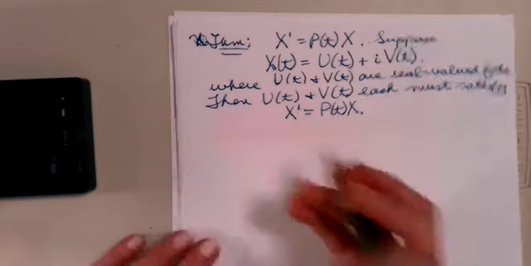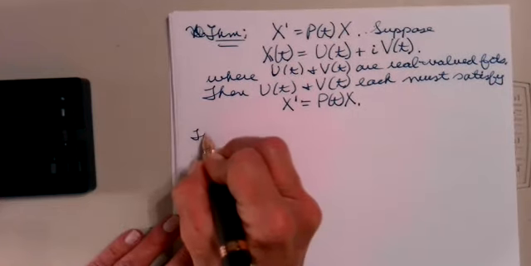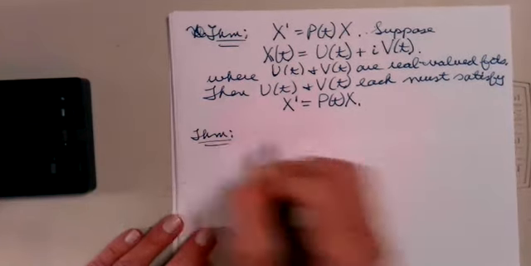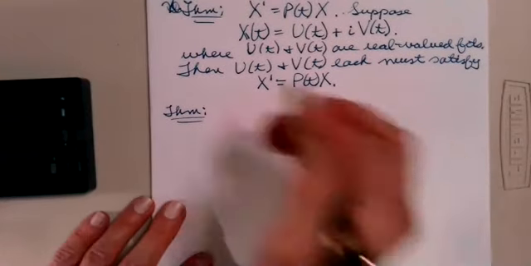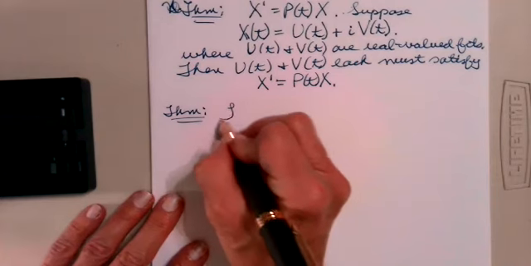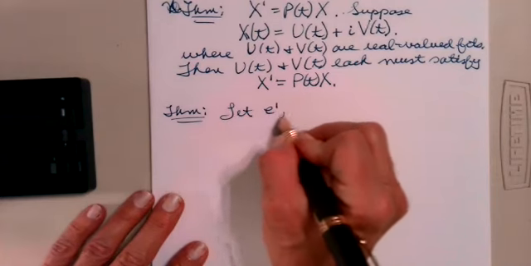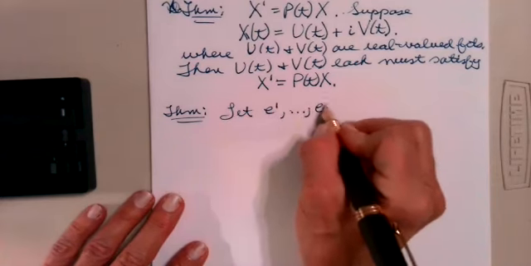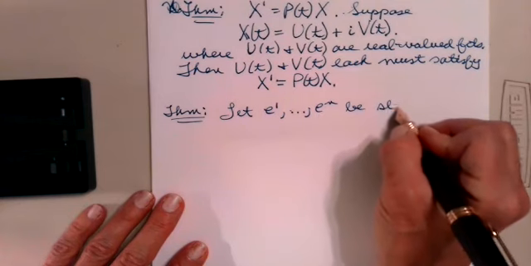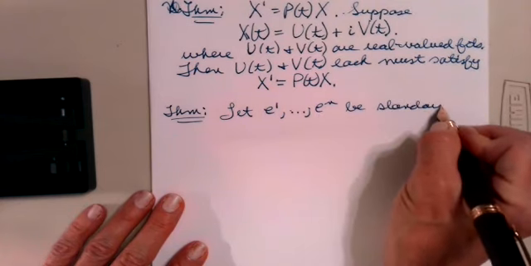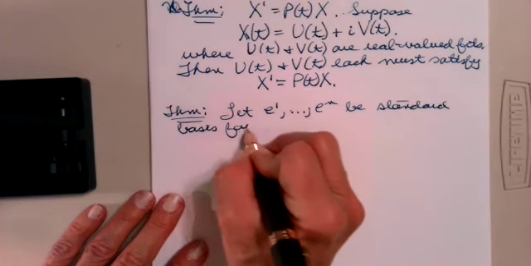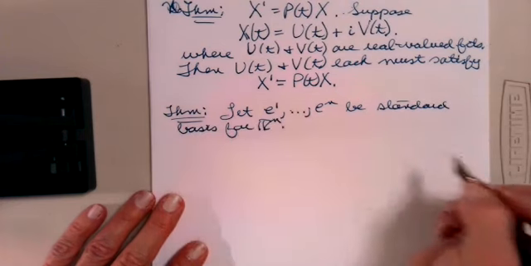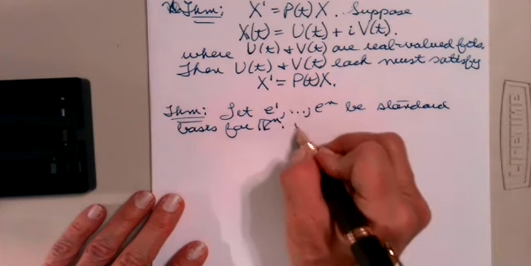All right. And finally, this one looks a bit odd, but you'll see it in use and then it won't seem so odd. So the last theorem I'm going to quote is, let E1 up to En be the standard basis for Rn. Okay, so linear algebra people, you know what that means already.